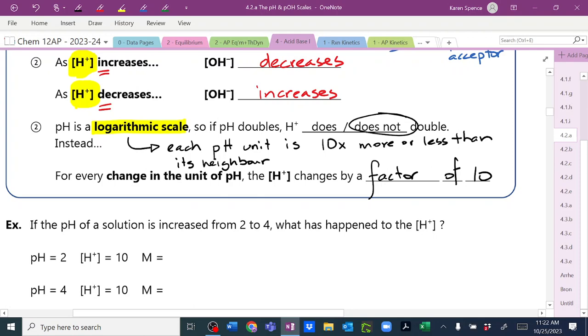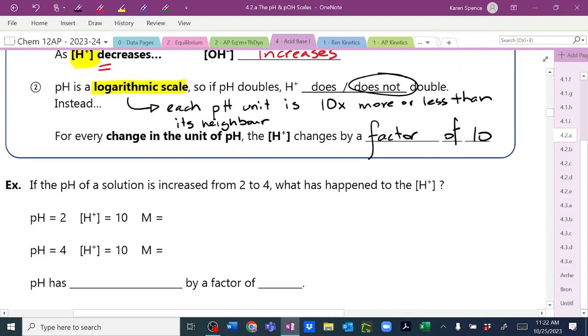Now, here's some fun. This is how it works. pH: P, power of H, the hydrogen ion. P, power of the hydrogen ion, pH.